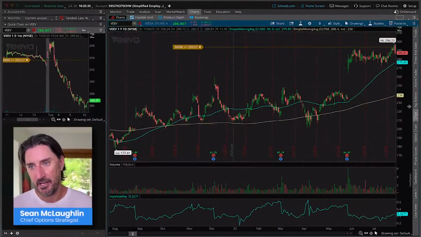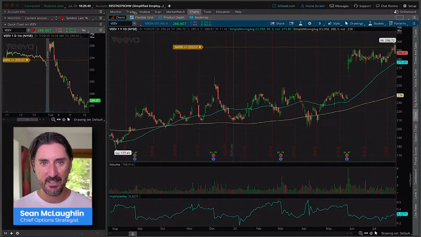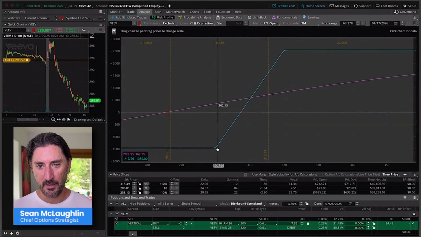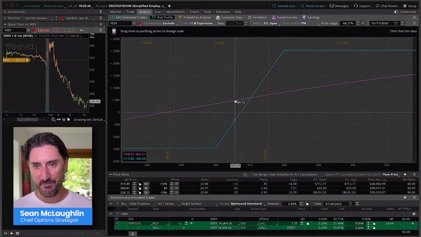That's pretty common. And after they overshoot, then maybe they'll pause and consolidate or pull back. So with Vive, I'm thinking this thing gets to 300, but it's not going to stop there. It's probably going to get to at least 305, maybe 310. So we're long the 300 calls, short the 320. I think what you do is when you get to 305, you sell half of the position.